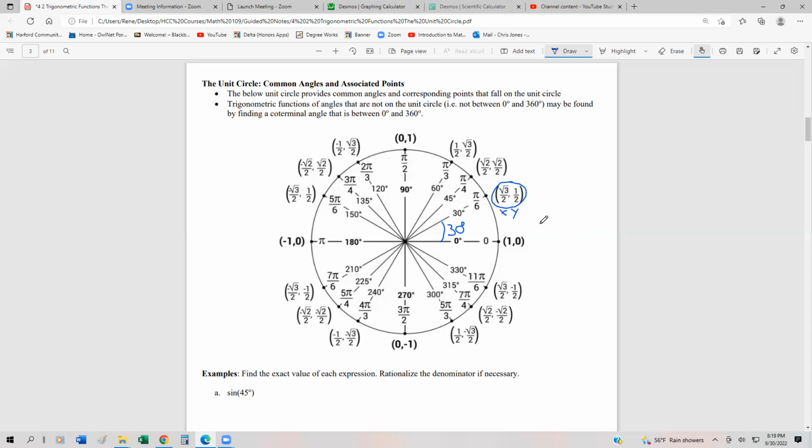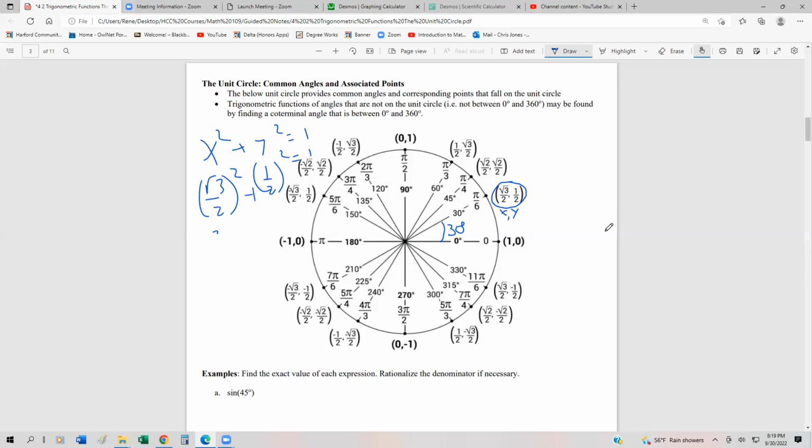And notice that these are all coordinates that fall on the unit circle. Remember, the unit circle: x squared plus y squared equals 1. If I throw that back into this equation just to verify that at least one of these points falls on it, that would be root 3 over 2 squared plus 1/2 squared.